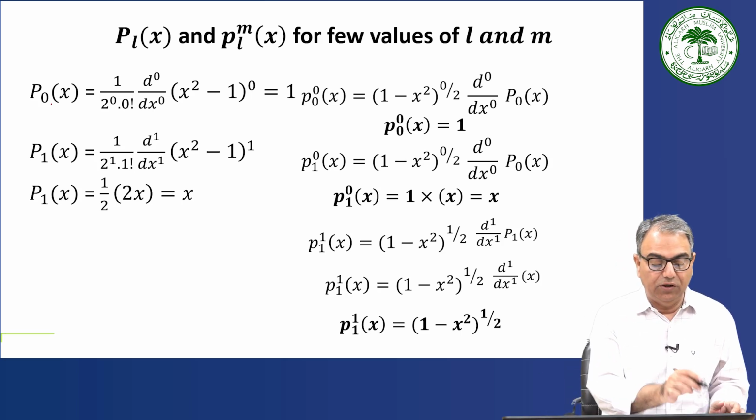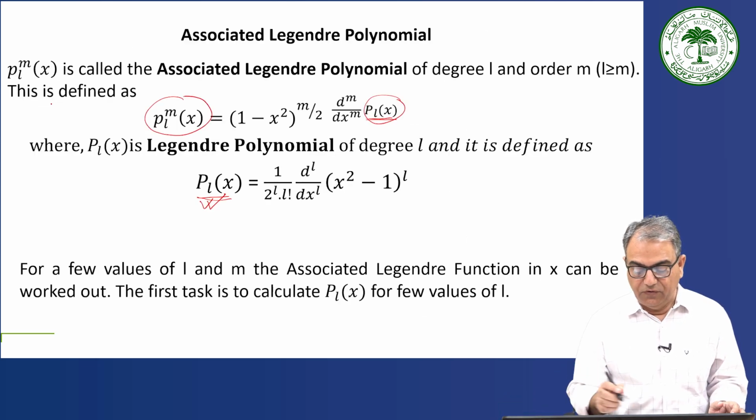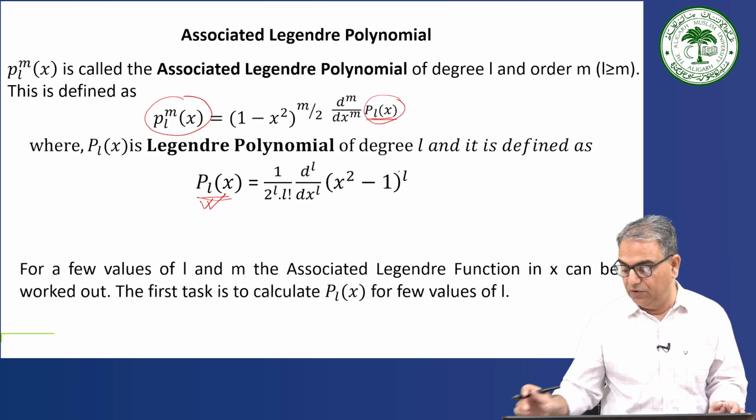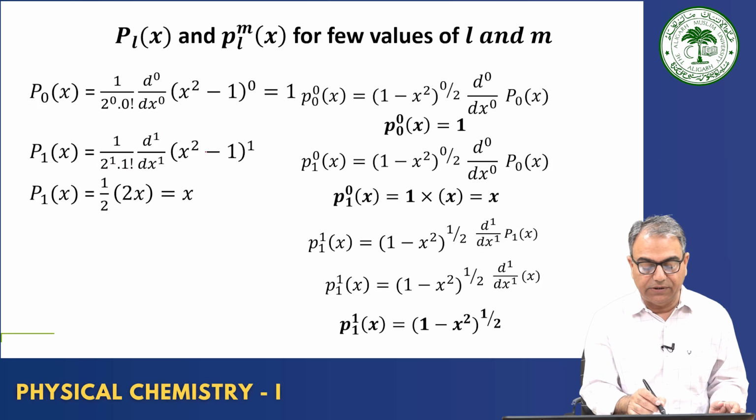If you want to find P0(x), L is equal to 0, so 2 raised to the power 0, 0 factorial, d^0, everything is 0 or 1, so this is equal to 1. For P1, you have 1 by 2 raised to the power 1, 1 factorial, d/dx of (x squared minus 1).